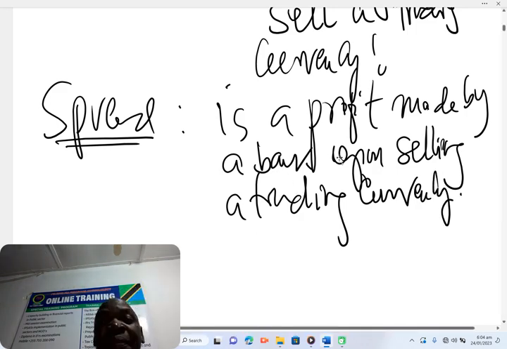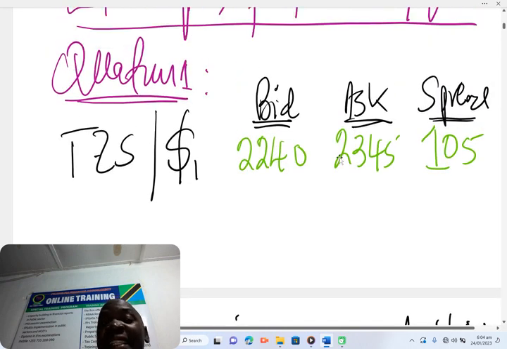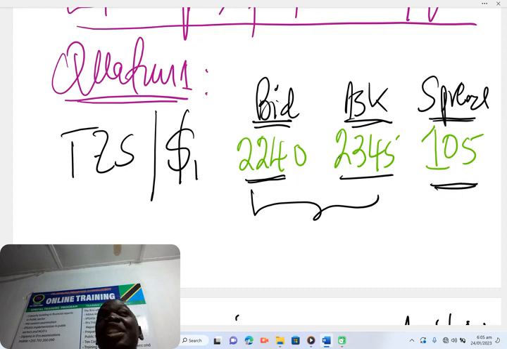So in this quotation, we are saying a bank buys $1 at this rate. So if a customer is selling $1, then the bank will agree to buy at this rate here, the bid price. Accordingly, if a customer wants to buy $1 from the same bank, the bank will use this rate. So the difference is what? This one here, which is the spread.